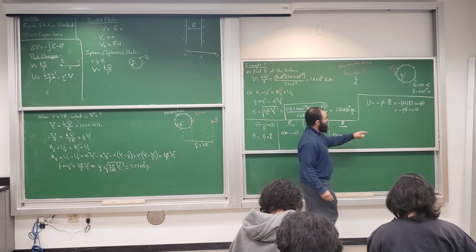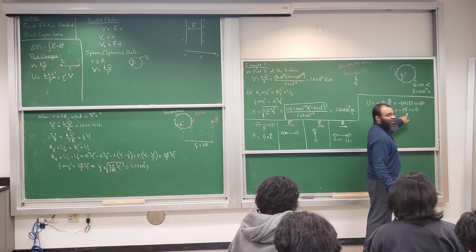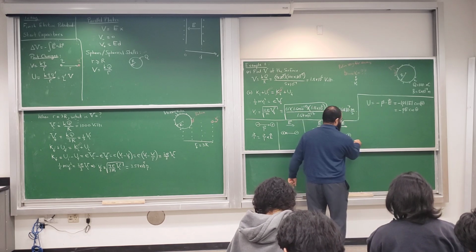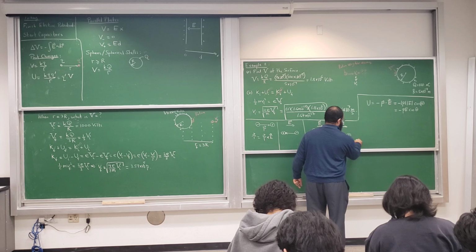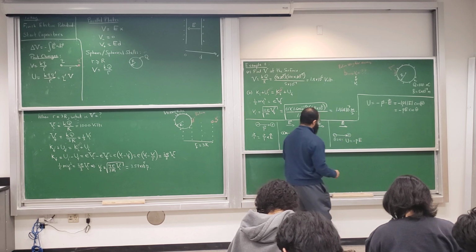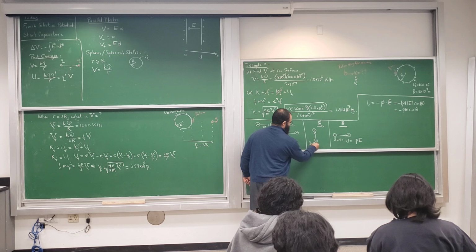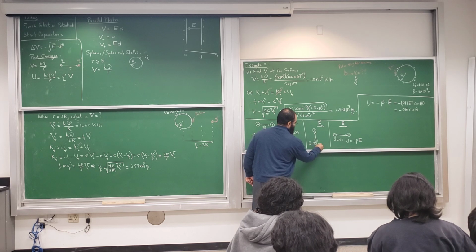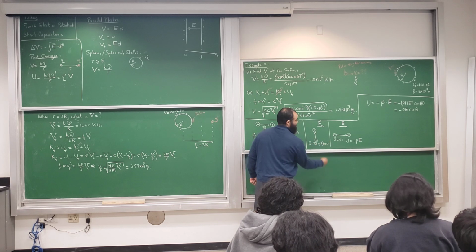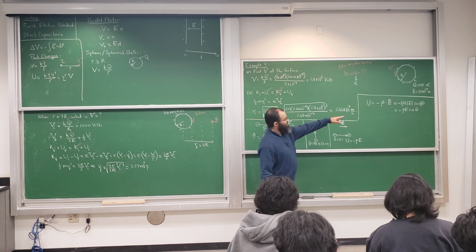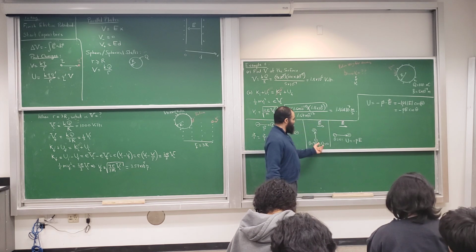Cosine of 0 is 1, so it's just going to be minus PE. In this situation, it's minus PE. How about in this situation? Theta is 90, okay? U is 0, since cosine of 90 is 0. So we just get 0.